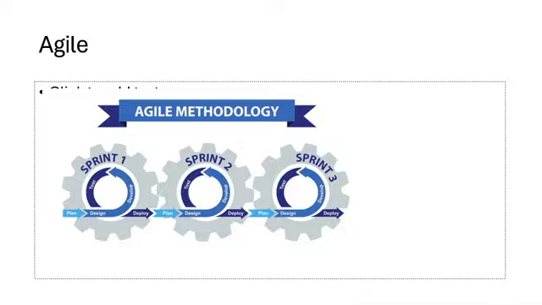It also asks for constant feedback and communication between team members, so everyone can share their ideas. Using agile methodology allows developers to constantly develop and improve their work without risking the quality of it.